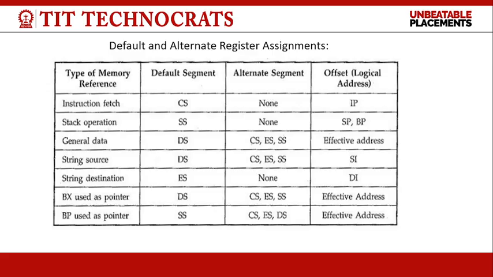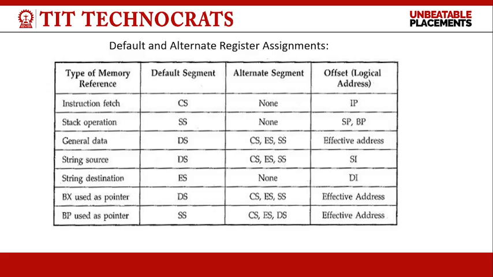Similarly, for stack operation, only stack segment and stack pointer or base pointer register can be used to give segment and offset addresses respectively. On the other hand, for accessing general data, string source, and data pointed by BX and BP registers, it is possible to use an alternate segment by using the segment override prefix.